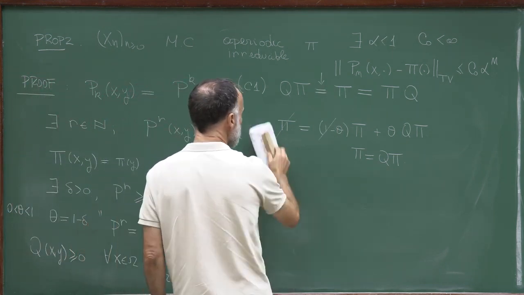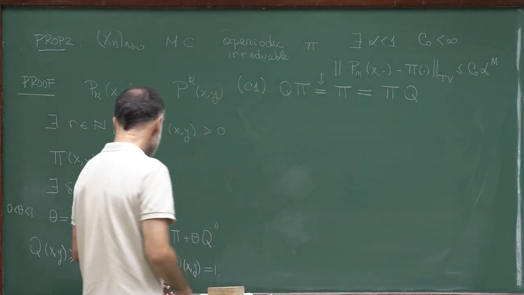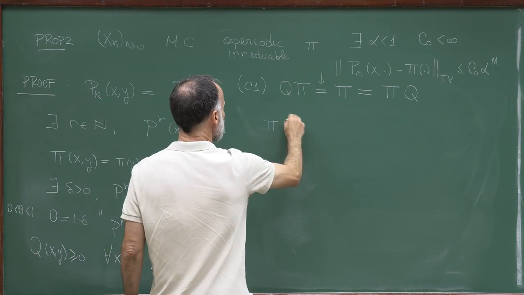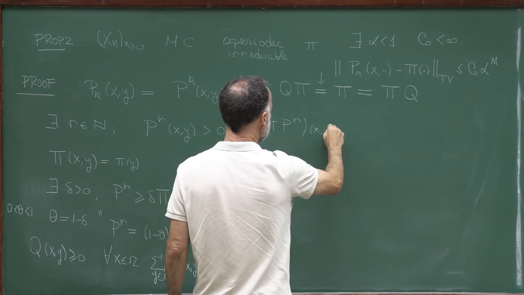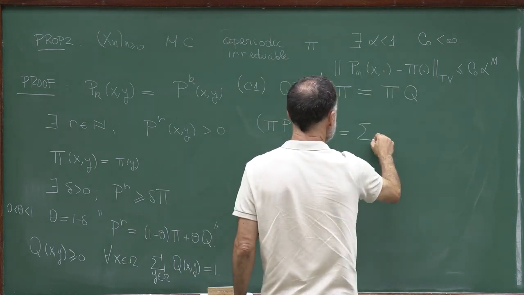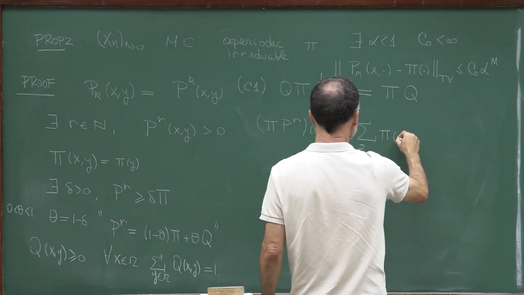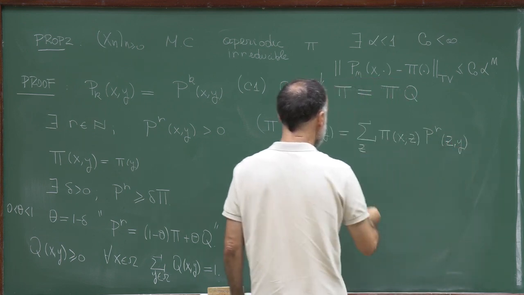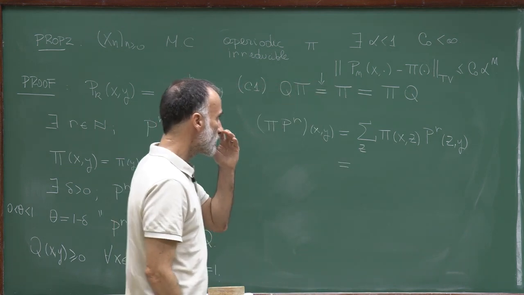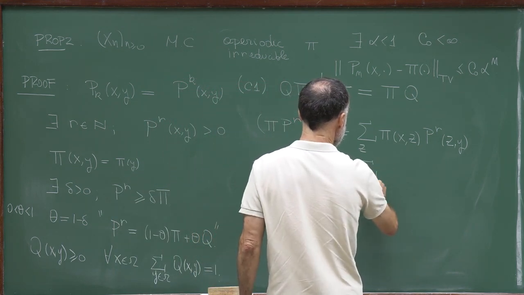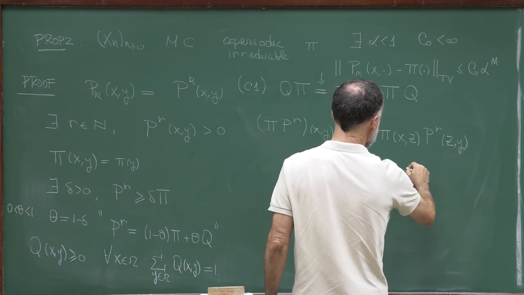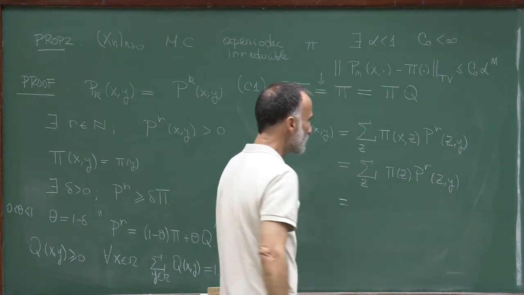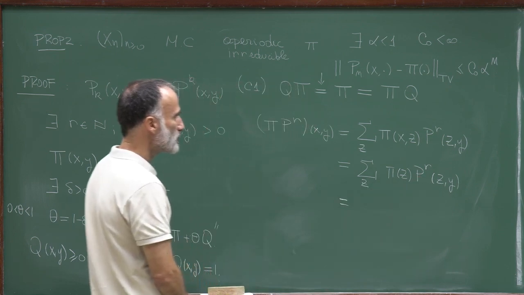Now we can prove exactly in the same way the second identity. So maybe, to be complete, let me compute pi P^r (x,y). So this is the sum over z of pi(x,z) P^r(z,y). Now pi depends only on the second coordinate, so this is pi(z) P^r(z,y), and now pi is the stationary state for the transition matrix P^r.